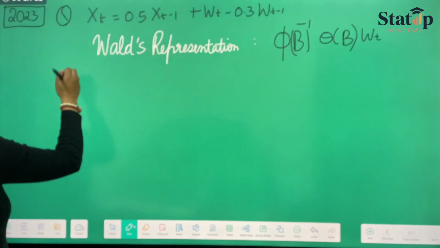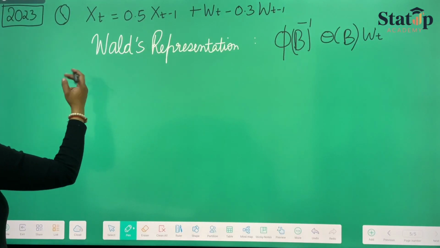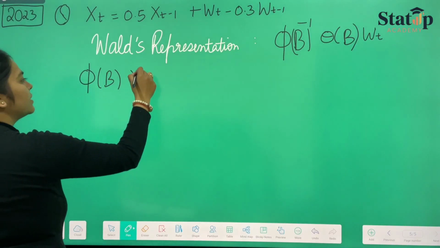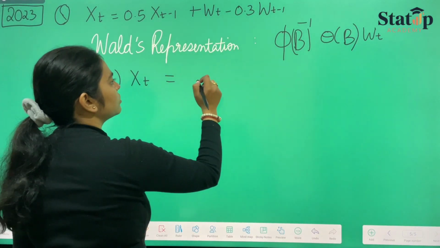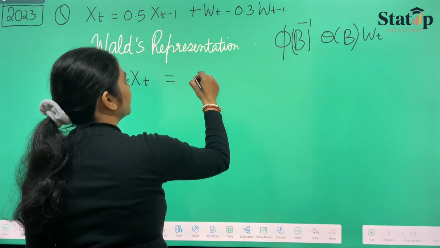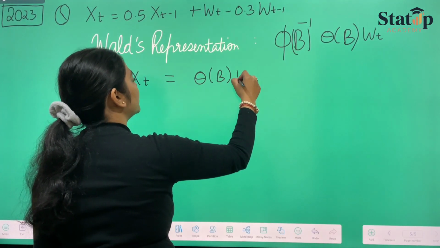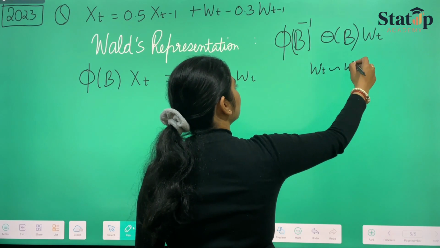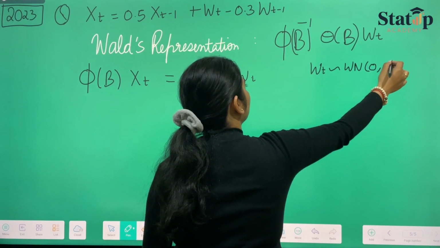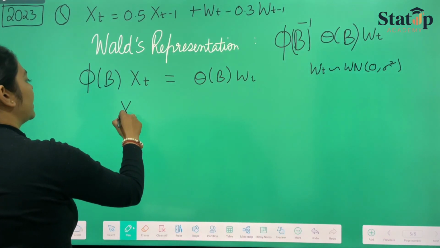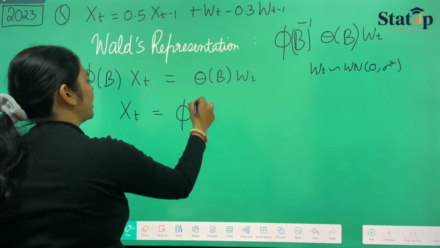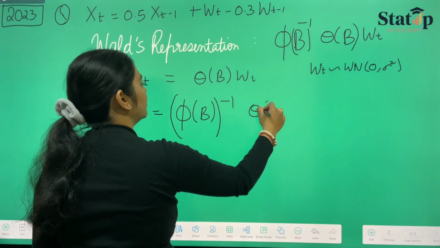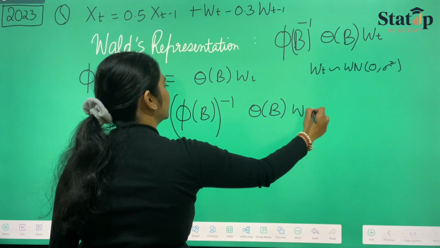Now we know that our time series can be given as phi b xt equals theta b wt, where wt is nothing but white noise with mean 0 and variance sigma square, and hence xt can be written as phi b inverse theta b wt.